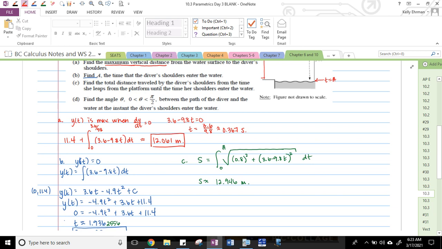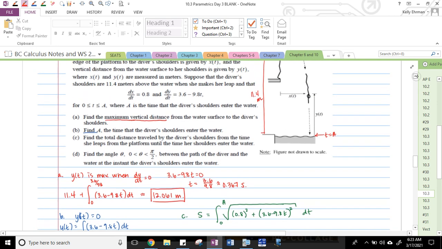So find the angle between 0 and pi over 2, between the path of the diver and the water at the instant that the diver's shoulders hit the water. So we need some sort of equation with a theta. If it helps, you're looking at a right triangle, and you can orient it any way you want.